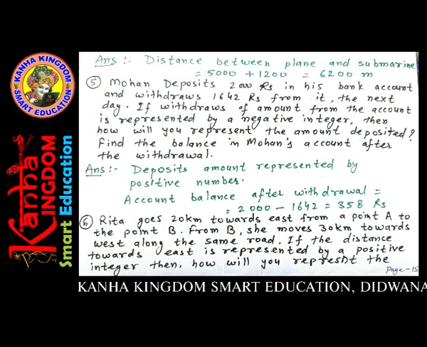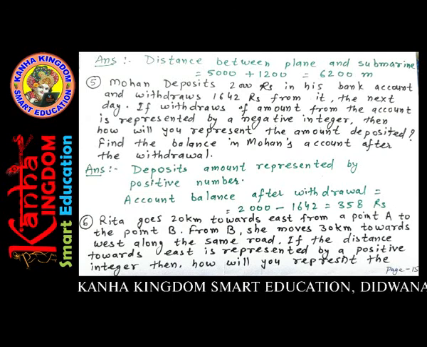Question number 6. Rita goes 20 km towards east from a point A to the point B. From B, she moves 30 km toward west along the same road.